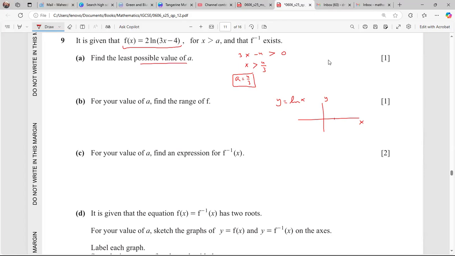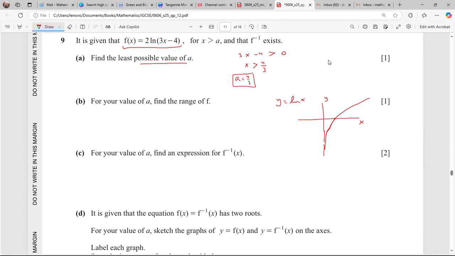Log of 1 is 0. When you increase x, it is a positive number, you keep increasing. When you decrease it, it is a negative number, but x never reaches 0. So x equal to 0 is the asymptote.